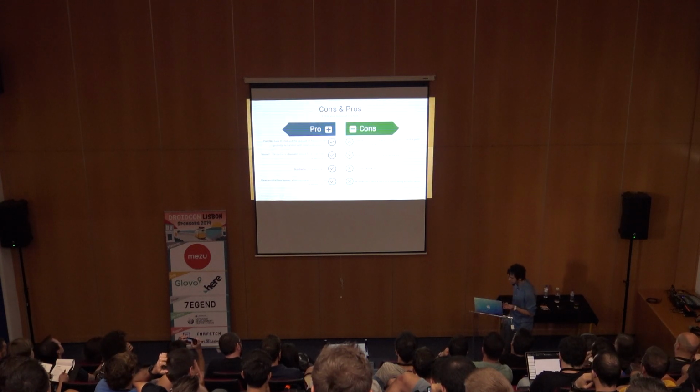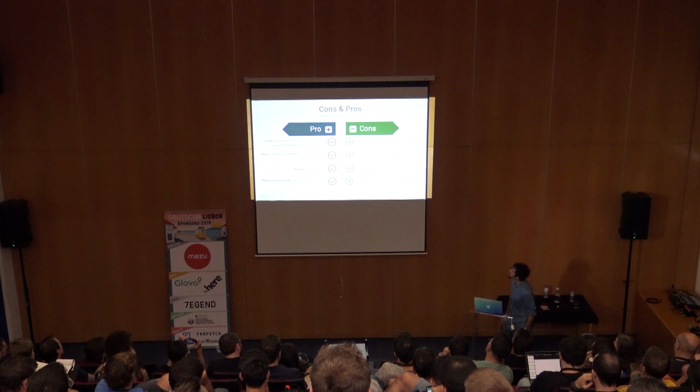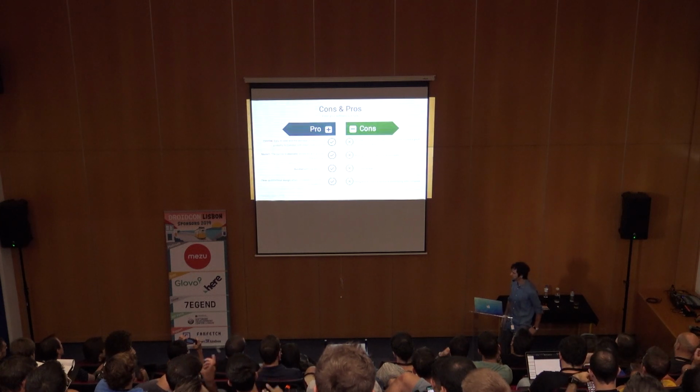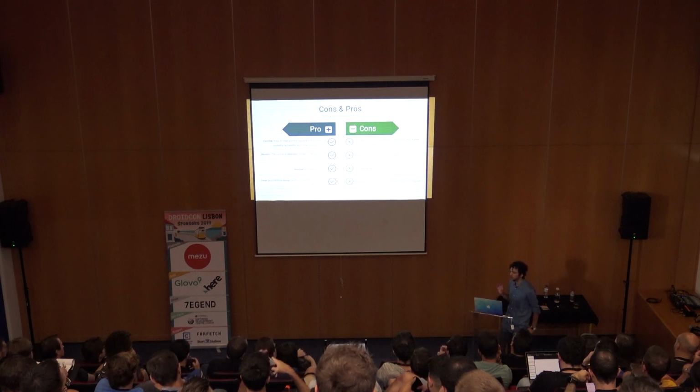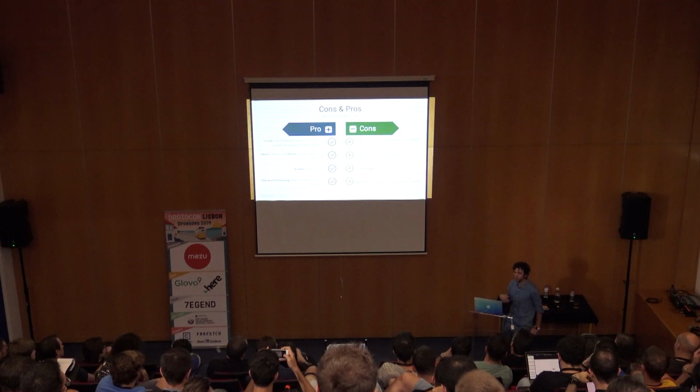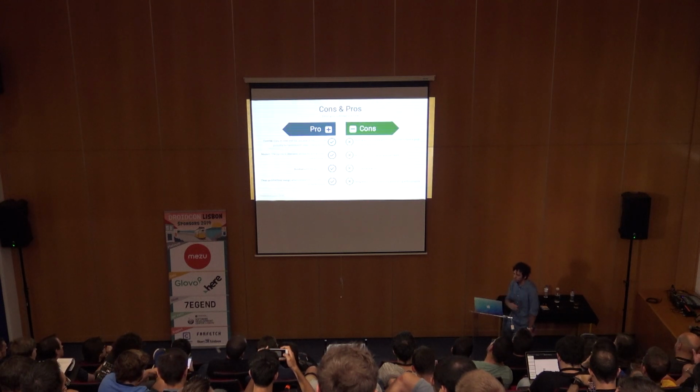Some of the cons. I remember when Kotlin was coming around, one of the huge arguments was that the tooling was really good. IntelliJ really made a good effort, you had the converter, you had all these things, it was completely interoperable.